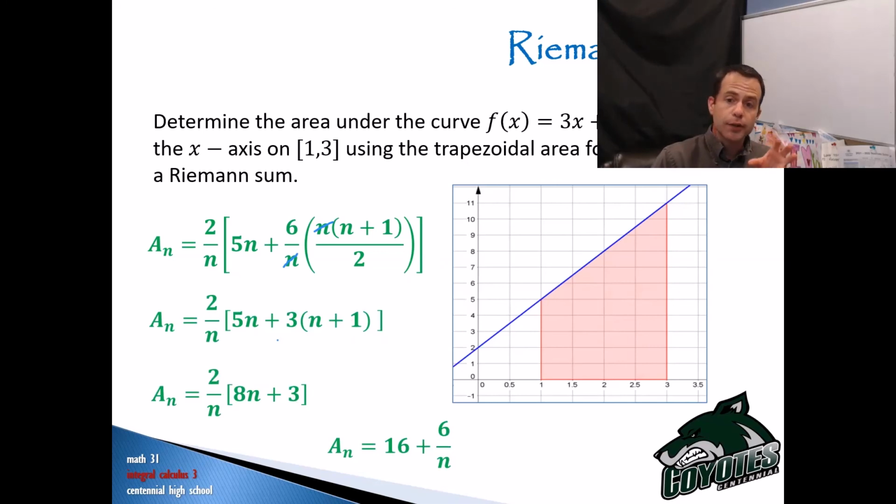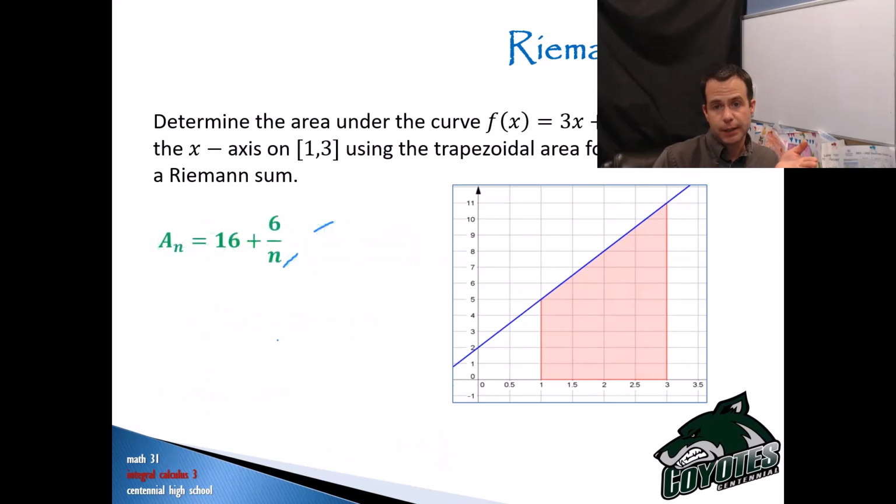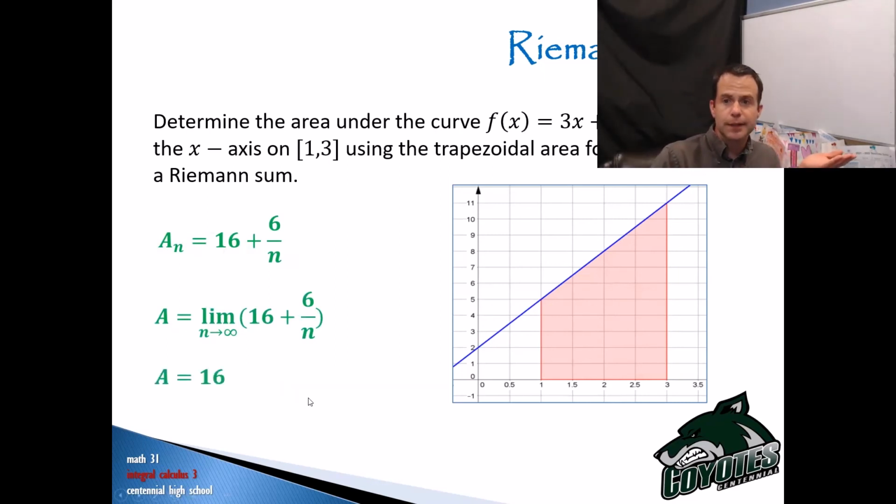Now, in order to figure out the actual area, I have to go back to thinking of this as a limit, and it's the limit as n approaches infinity, right? So as n approaches infinity, that 6 over n would become 0, and I'd be left with 16, which is exactly what I got when I did the trapezoid one.